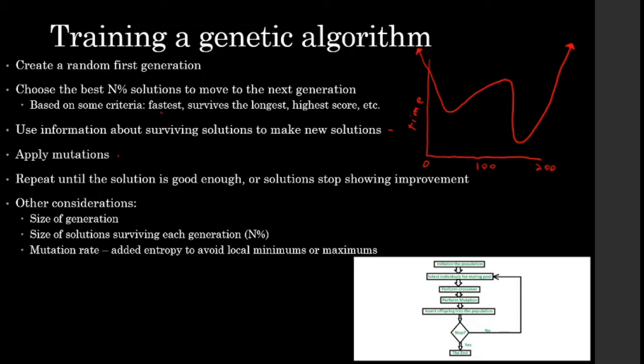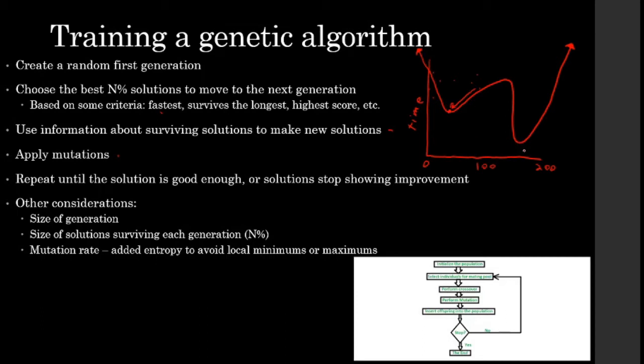The reason mutation is important is that we want to avoid local minimums or maximums. Say this is the criteria we're testing against, and we're finding solutions around here. These can keep driving down until we get to here, but that is not the best possible time we could have.